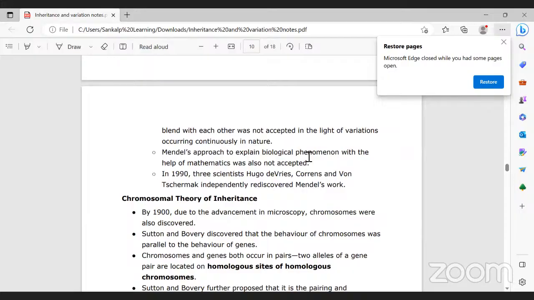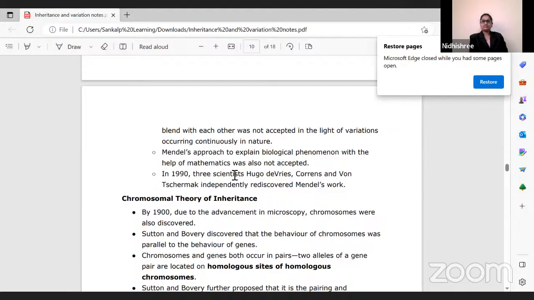In 1900, scientists Hugo de Vries, Correns and Tschermak independently rediscovered Mendel's work. Thank you.